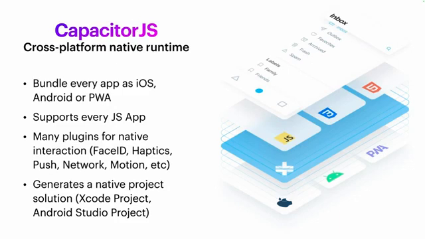Capacitor takes another approach and generates a native project, for example an Xcode project or an Android Studio project, and then you can use these native project solutions to build your application, for example extend it with native code, and then ship it through the App Store and Play Store.